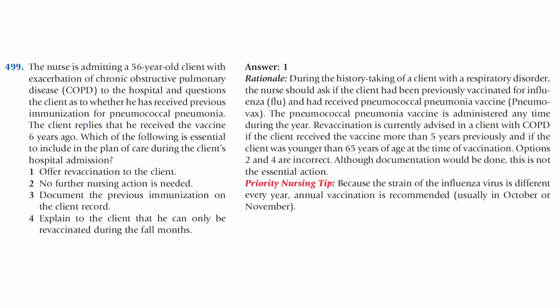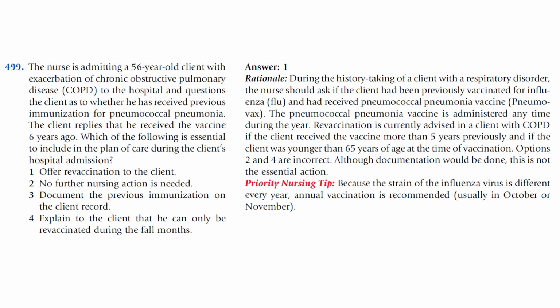499. The nurse is admitting a 56-year-old client with exacerbation of chronic obstructive pulmonary disease to the hospital and questions the client as to whether he has received previous immunization for pneumococcal pneumonia. The client replies that he received the vaccine 6 years ago.